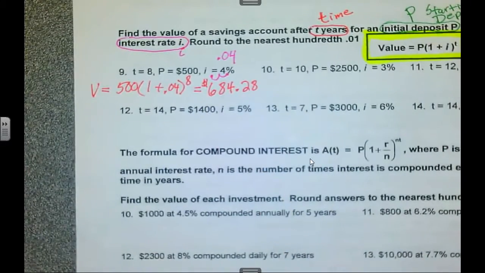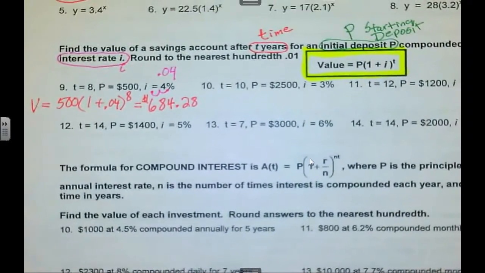For 8 years, $684, that seems reasonable. Make sure your answers are reasonable. Not unreasonable, like I'm going to make 80 grand when I graduate high school and get a job. That's unreasonable. All right? This is reasonable.